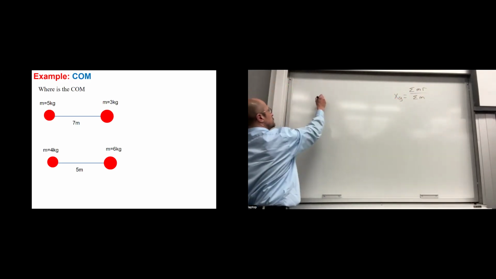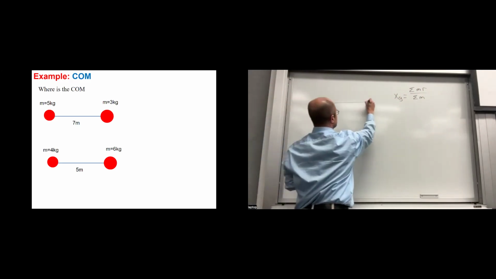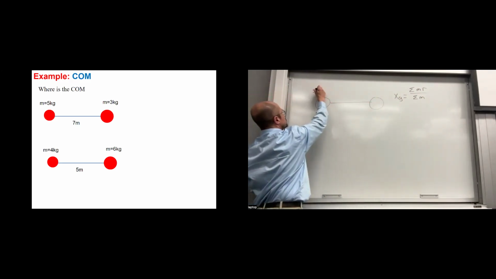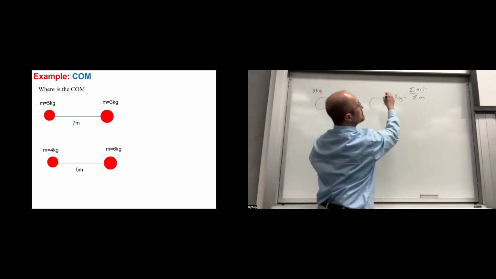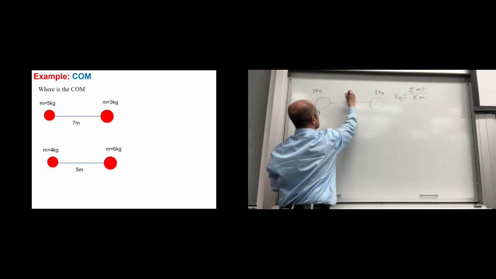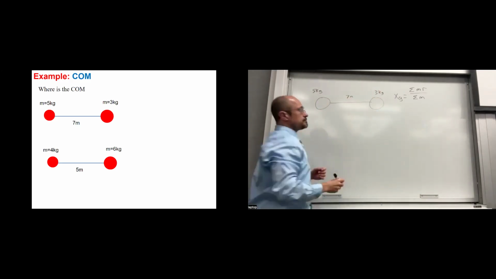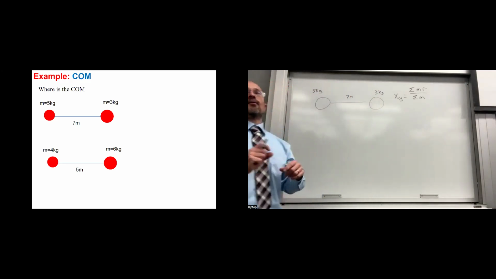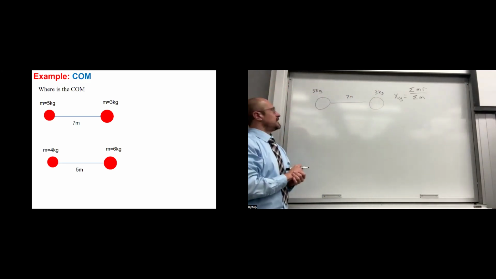So let me try to demonstrate with these two masses. One is 5 kilograms. The other is 3 kilograms. They are separated by a 7-meter distance, and whatever's connecting them is a massless rod, a rod of negligible mass, as they would say.